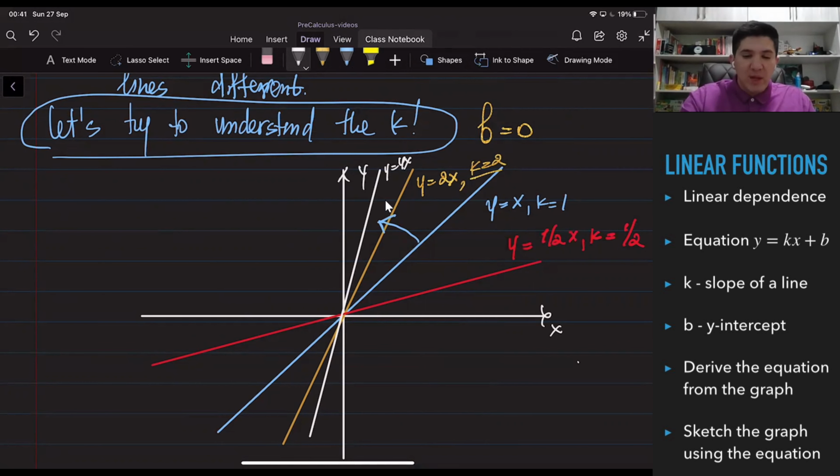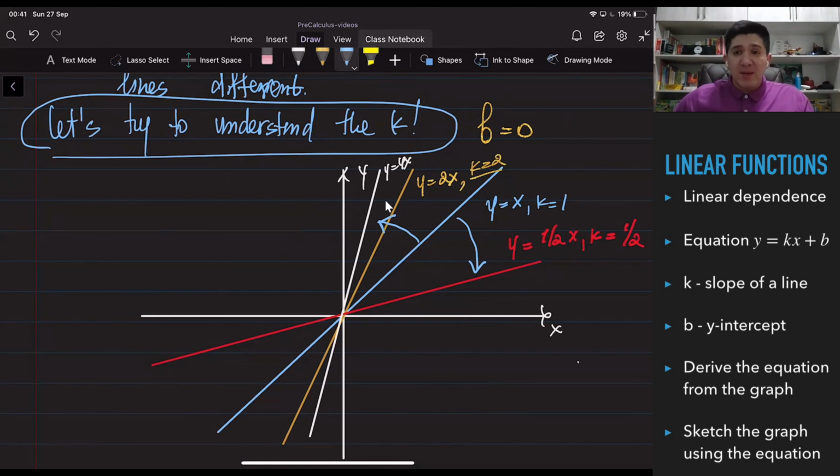And if you're decreasing the value of the k, sorry, then you are moving towards the x-axis. Again, increasing the k rotates your line towards the y-axis.